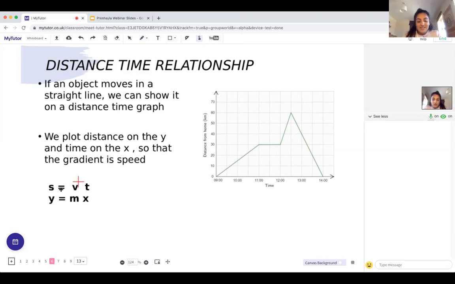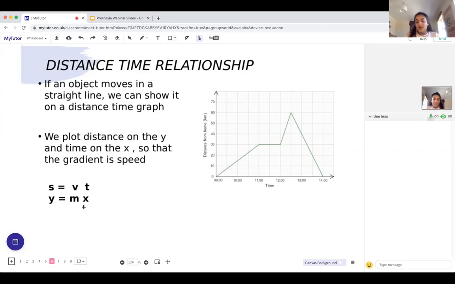So it's setting this equation into the equation of a line so that we are able to plot it. And this is a technique that comes up a lot in GCSE Physics, being able to take an equation and thinking about how it would work on a graph. So for example, we plot distance on the y and time on the x so that the gradient is velocity.